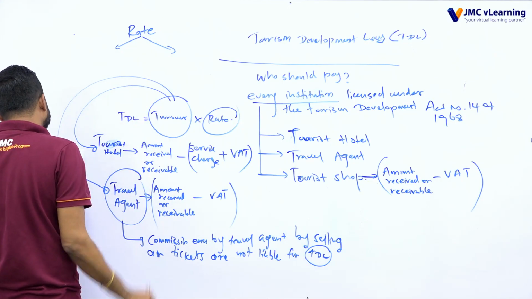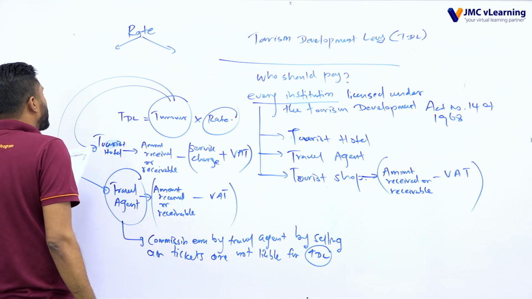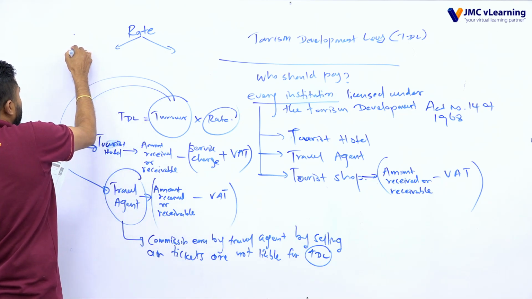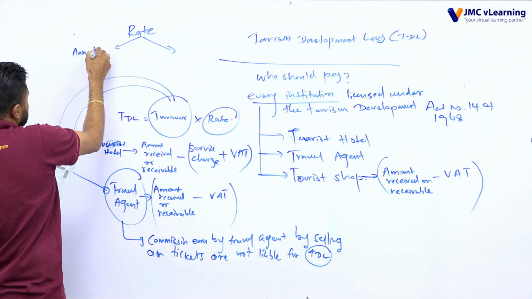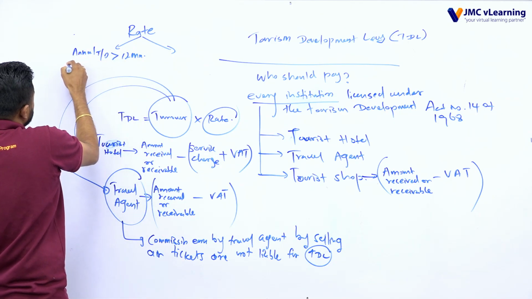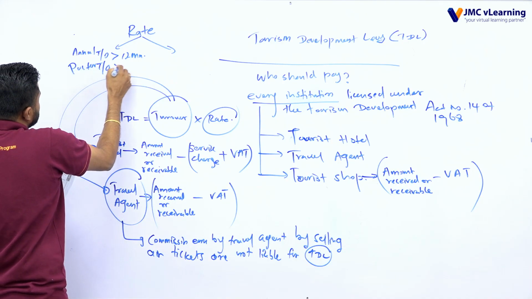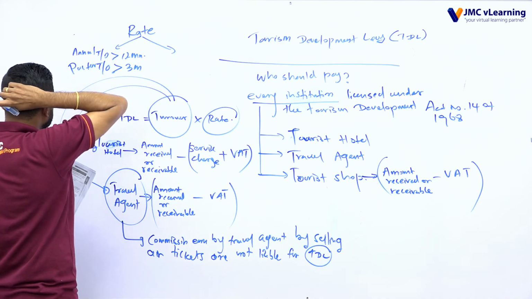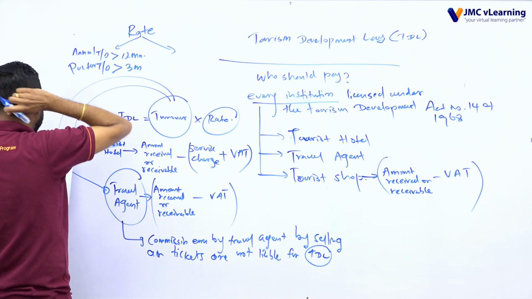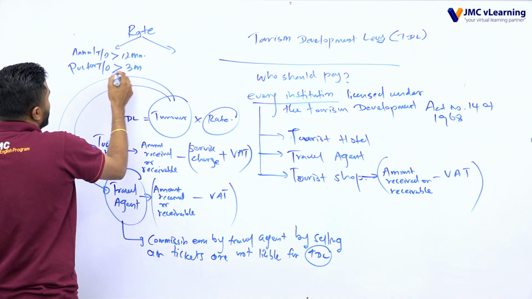You know that if the annual turnover exceeds 12 million or the quarterly turnover exceeds 3 million, the rate should be 1%.